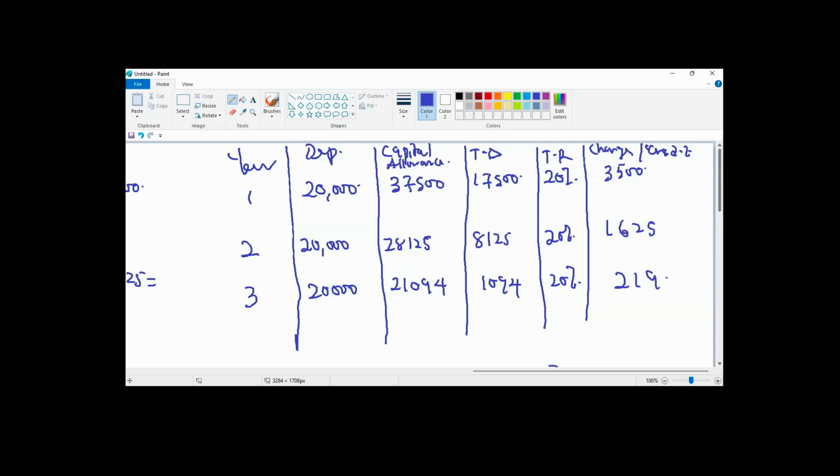I will remember the principle that when depreciation is greater than the capital allowance, it's a credit, but when it is lesser, it's a charge. I will remember where credit and charge go: to POL.